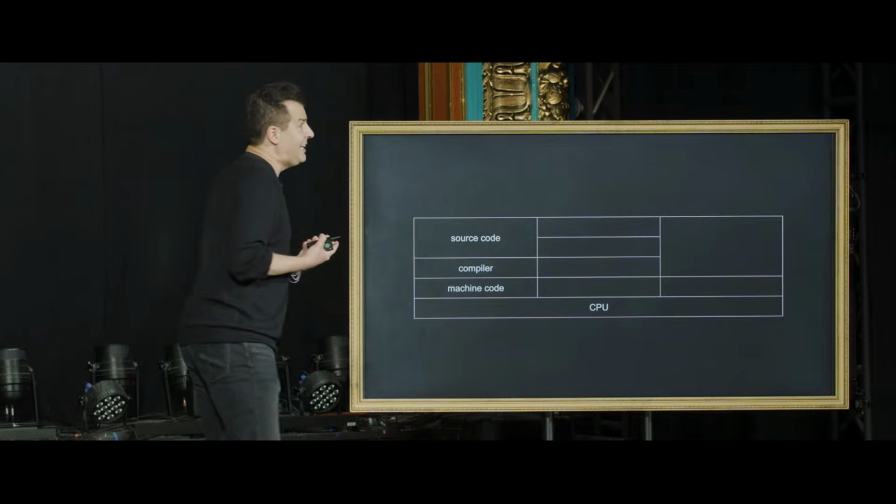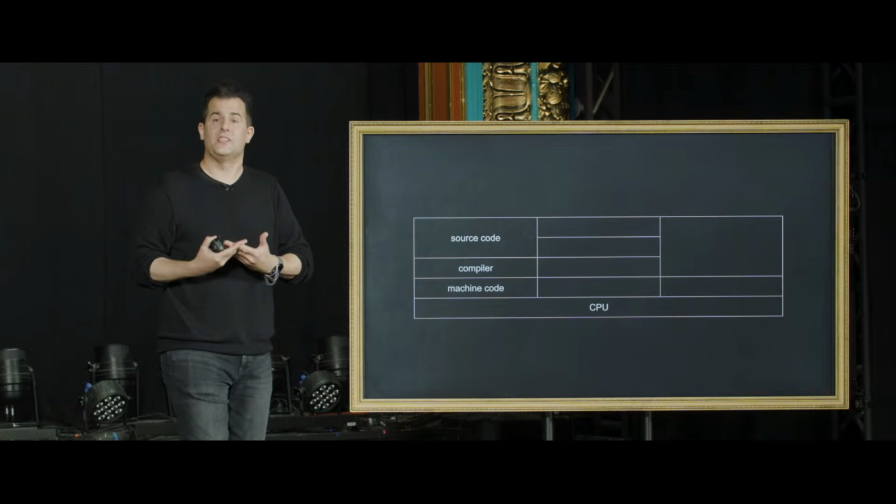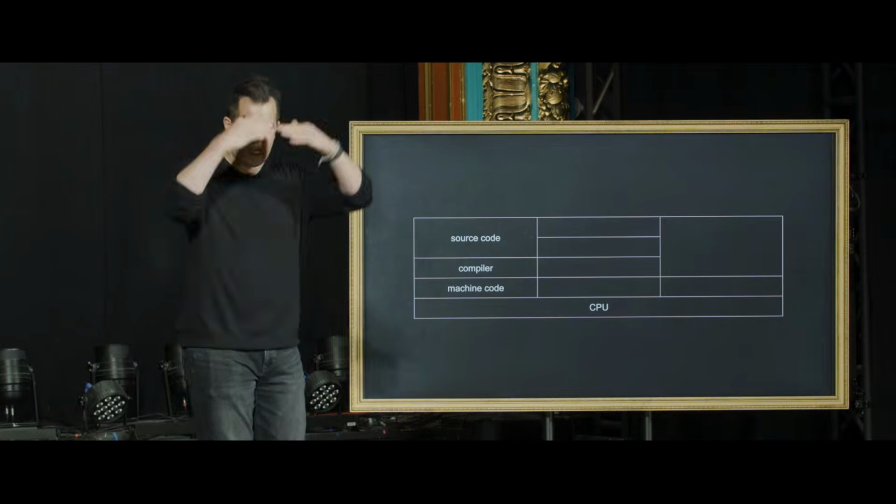Their purpose in life really is to make your life and mine easier, allowing you and I to think at and write code at a fairly high level of abstraction, if you will. Give me print hello world on the screen without having to worry about the underlying zeros and ones.